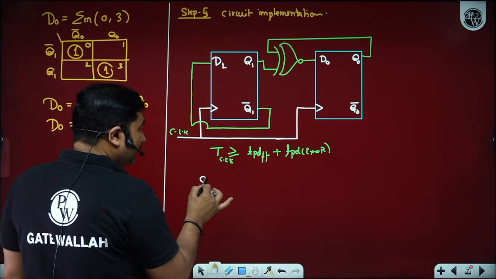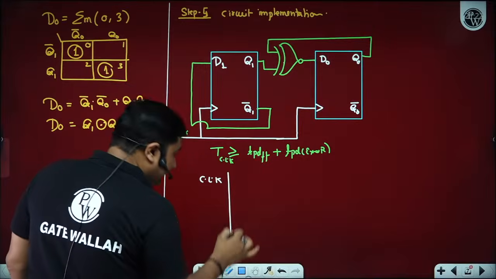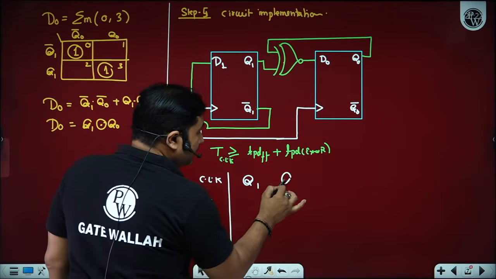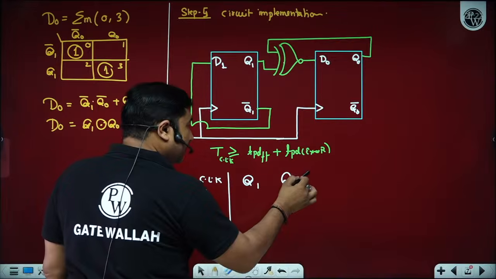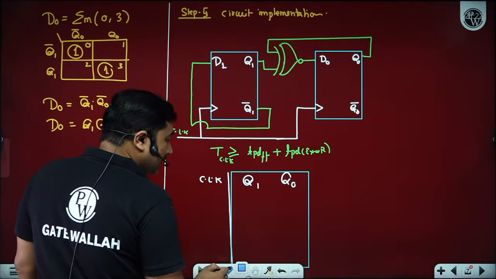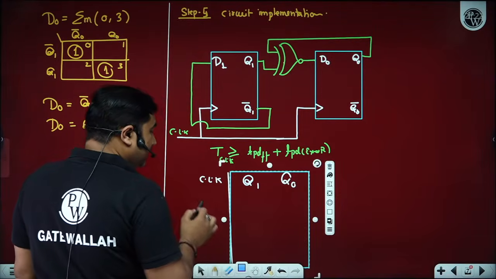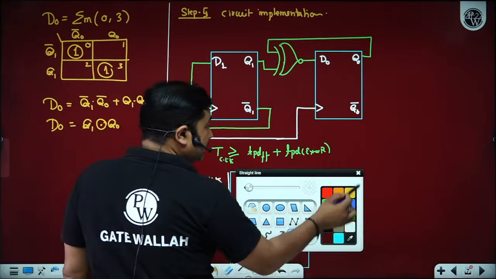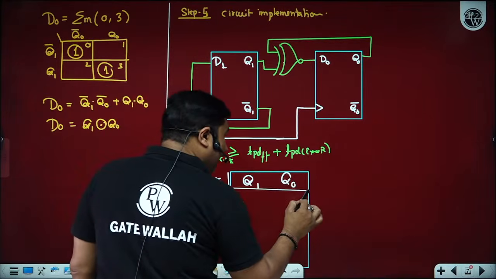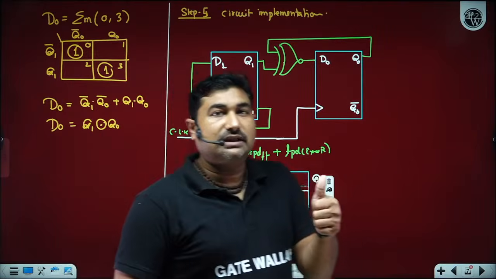For that, first of all, we will use clock and Q1 and Q0. Already I told you, to solve any question based on sequential circuits, we have to follow a thumb rule. What is the thumb rule?